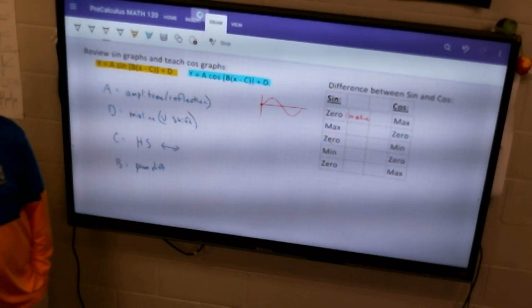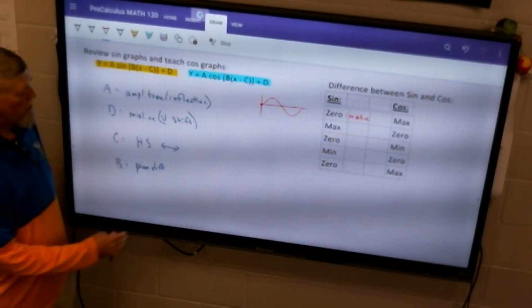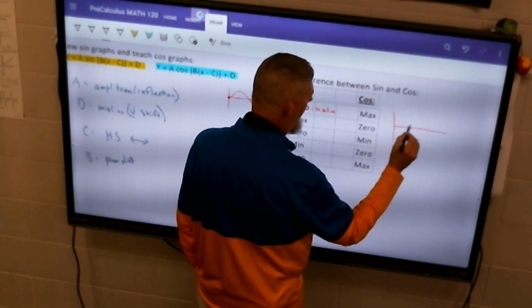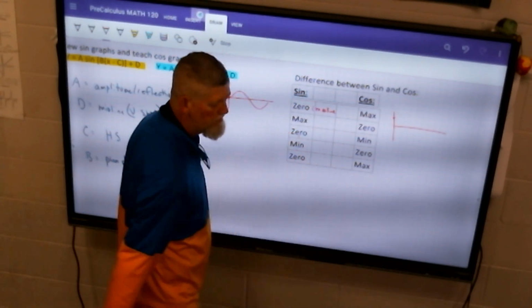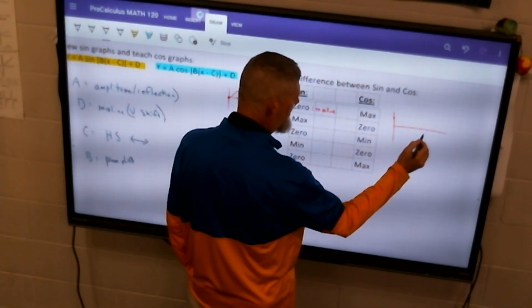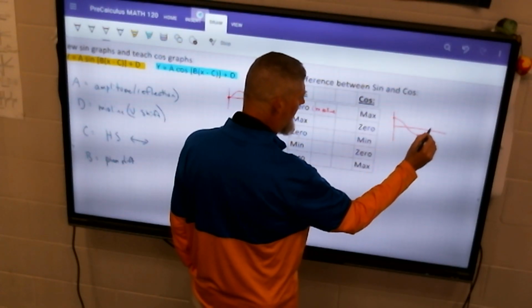With cosine, we have the same order of items, but we just started in a different place. I'm going to start at the maximum. Then I'm going to go to the 0, then to the minimum, then back to 0, and then ending at the max. So it's going to look something like that.